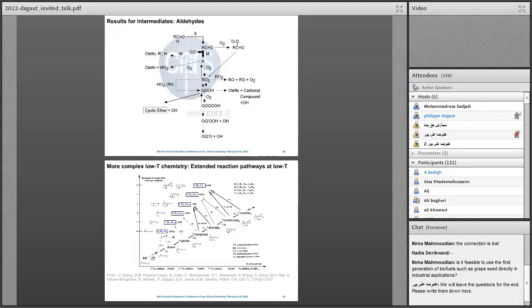So below 800 Kelvin, we have H-atom abstraction on the functional H-atom here, producing this RCO radical. And very quickly, the bond between the carbon chain and CO is broken, and we have the formation of CO plus a radical. And this is a fast process.